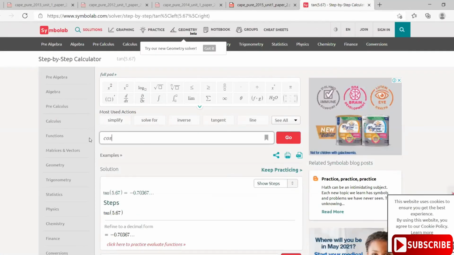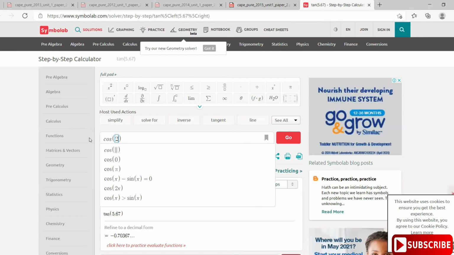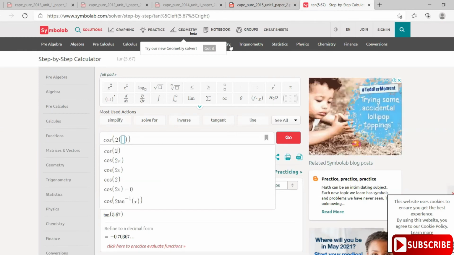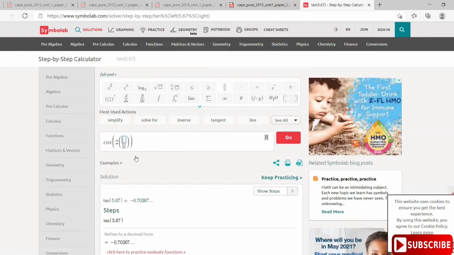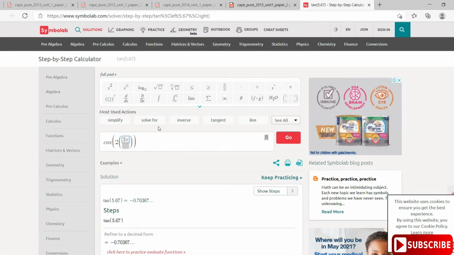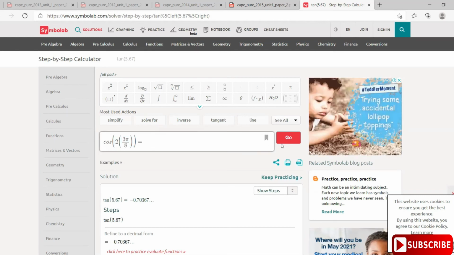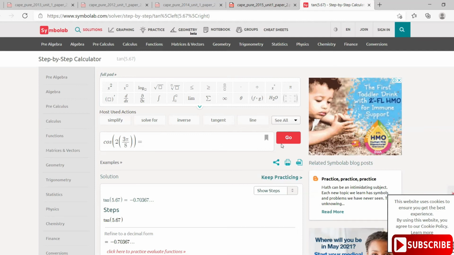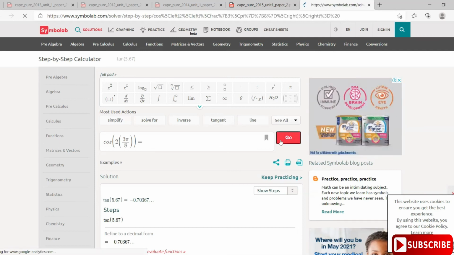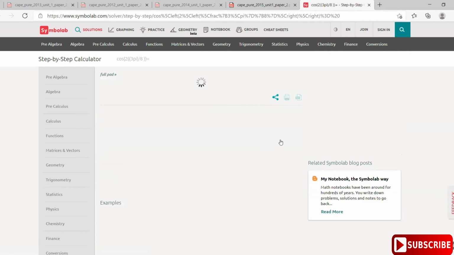So here it is. It is the cos of, in brackets, 2 times 3 pi over 8. Work that out. I guarantee we shall get negative 0.7.